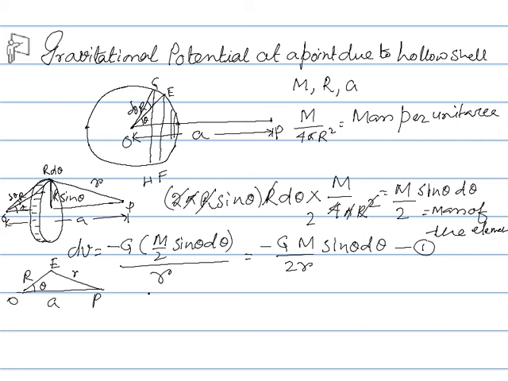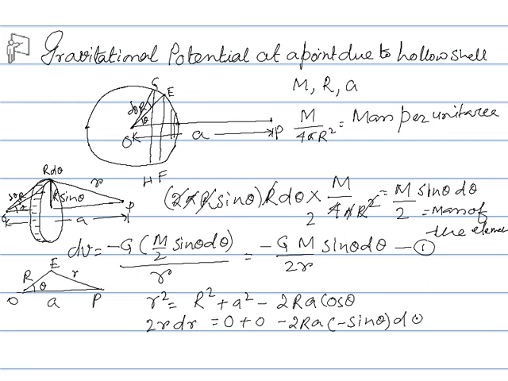Now using properties of a triangle, we can write r square equal to R square plus a square minus 2Ra cos theta. Now let us differentiate it. 2r dr equal to, R is constant so 0, differentiation of a is also 0, 2Ra, and differentiation of cos theta is minus sin theta d theta.